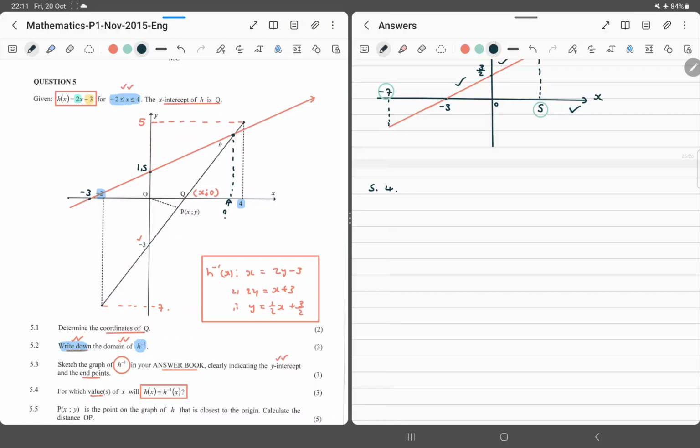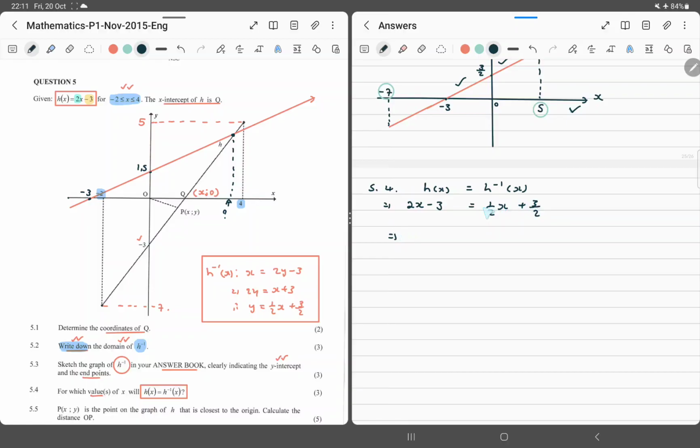Not a problem. Obviously, we can solve this algebraically. So we can just simply take the equation of the other graph. So we know that h of x equals the inverse in terms of x, implies that 2x minus 3 is equal to a half of x plus 3 over 2.